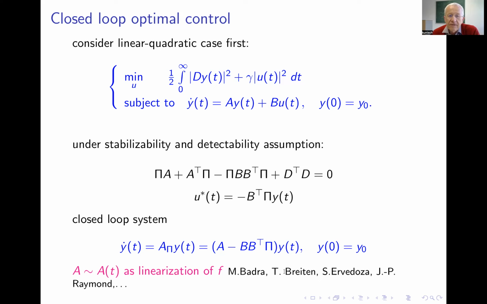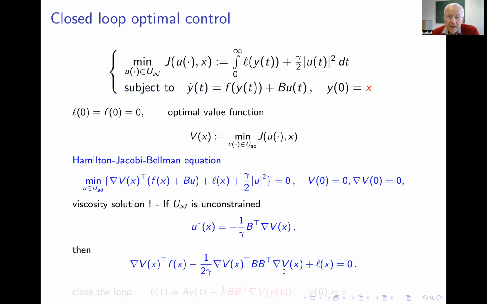That's the linear world. And now we go to the nonlinear one. So I have the same functional. You may still think of Ly as y squared. F at 0 is 0, but now f is nonlinear. I want to explain how we get to the analog of the linear quadratic case.